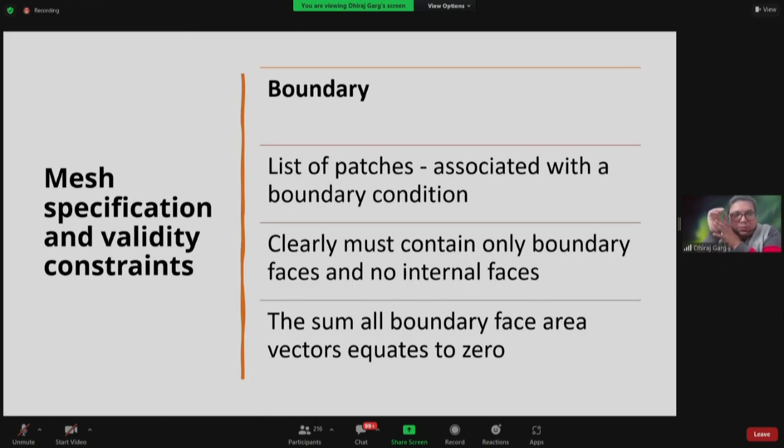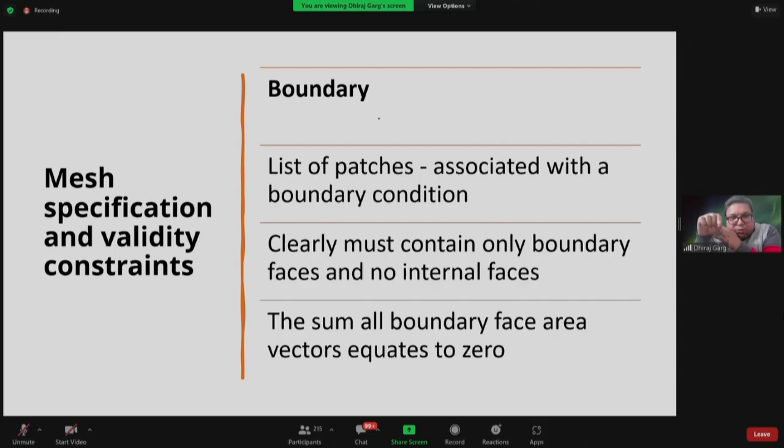Now this leads to another thing called boundary. Once you have created the inner part and matched the inner faces, now you have to define the outer, which defines the boundary. There is a list of patches in OpenFOAM, which is the name of the boundary, like inlet, outlet, wall. Clearly, a patch must contain only boundary faces and no internal faces, so the boundary must be on the outer surface, not on the inside.